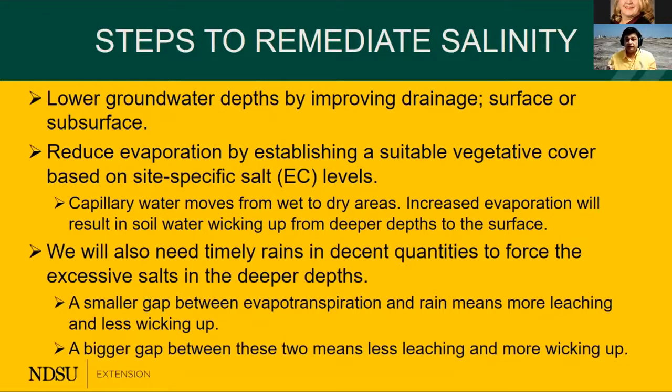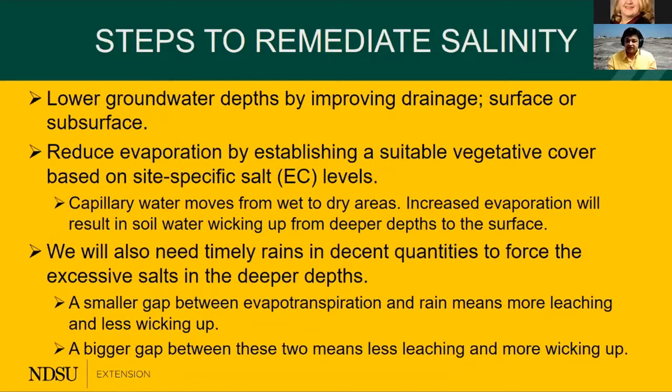We need soils at field capacity or even a little bit drier and at least 1/2 inch or more. Plants will take up some water, soils will hold some water, and then there would be some free gravitational water, which will force the salts into the deeper depths. So bottom line is, if there is a smaller gap between evapotranspiration and actual rain, there would be more leaching and less wicking up.